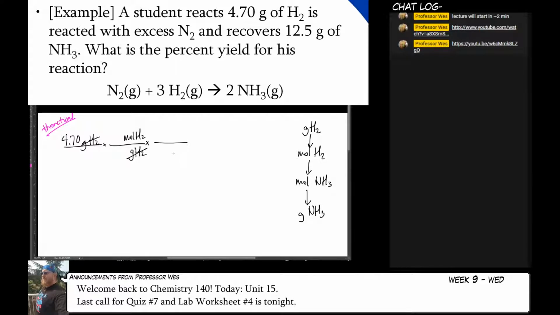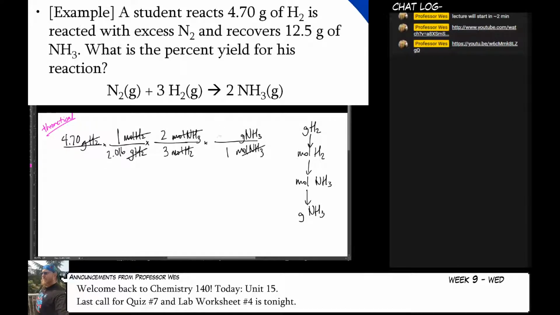So we'll turn grams into moles. We'll turn those moles of hydrogen into moles of our target, which is ammonia. And then we'll turn those moles into grams. And then we just run the numbers. So 1 mole of hydrogen off the periodic table, that is 2.016. For every 3 hydrogen I put in, I get 2 ammonia out.